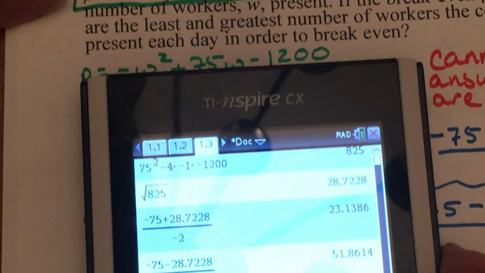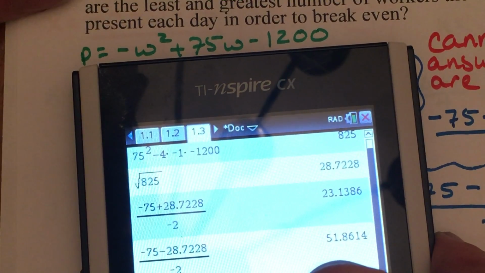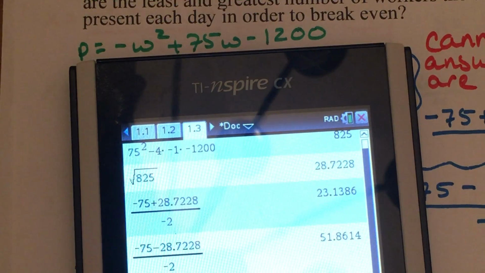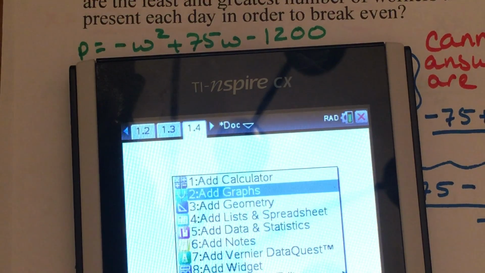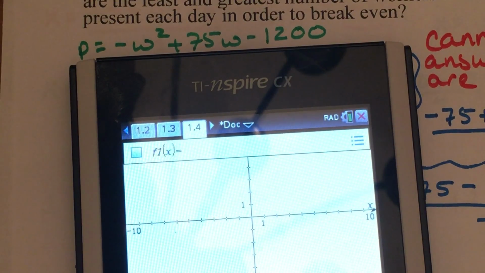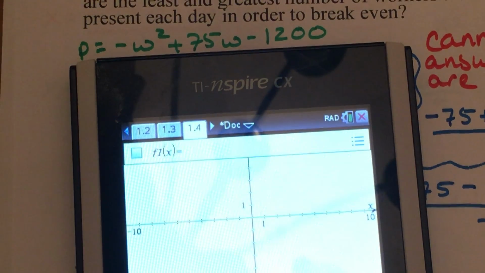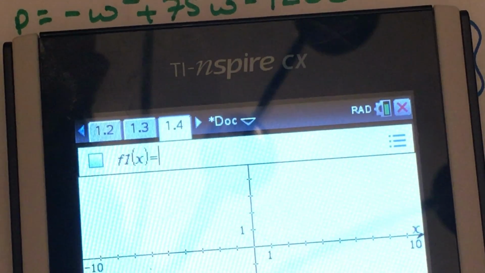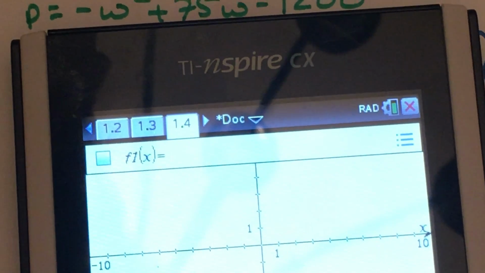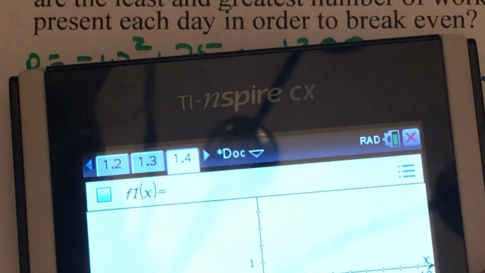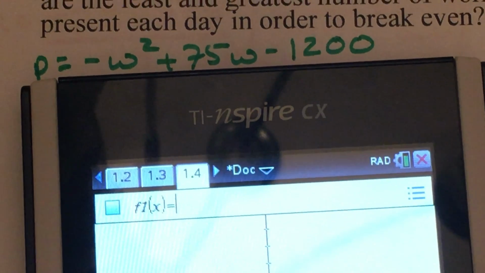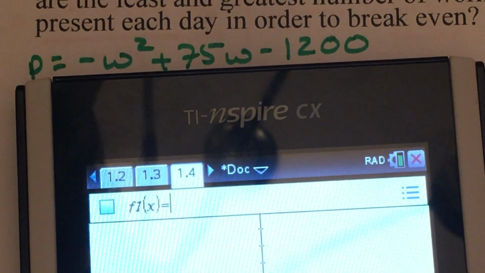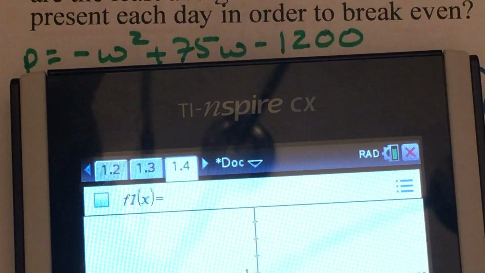Let's go into your calculator and let's pull up a new document. Add your graph, and I'll enlarge this. So, whoops, we're going to type in our equation, only I can't use w's.